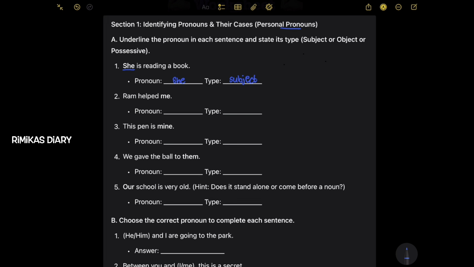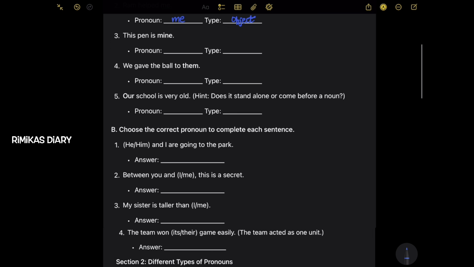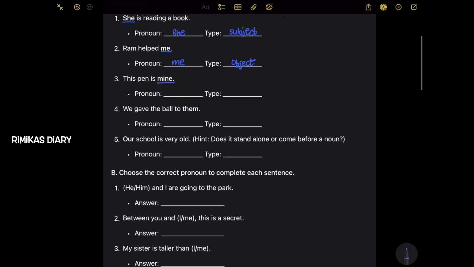Ram helped me. So here me is the pronoun, and it's the object. This pen is mine. So mine is the pronoun. Type is possessive.